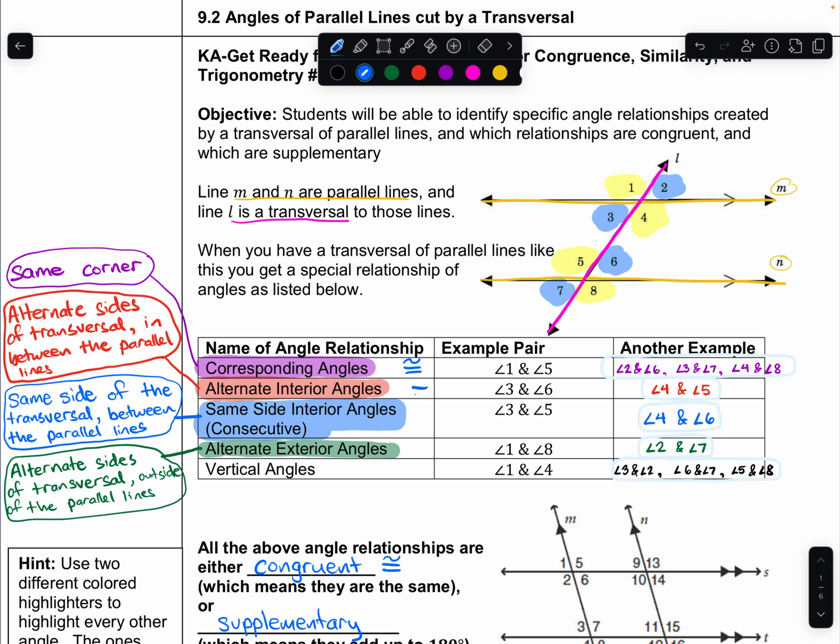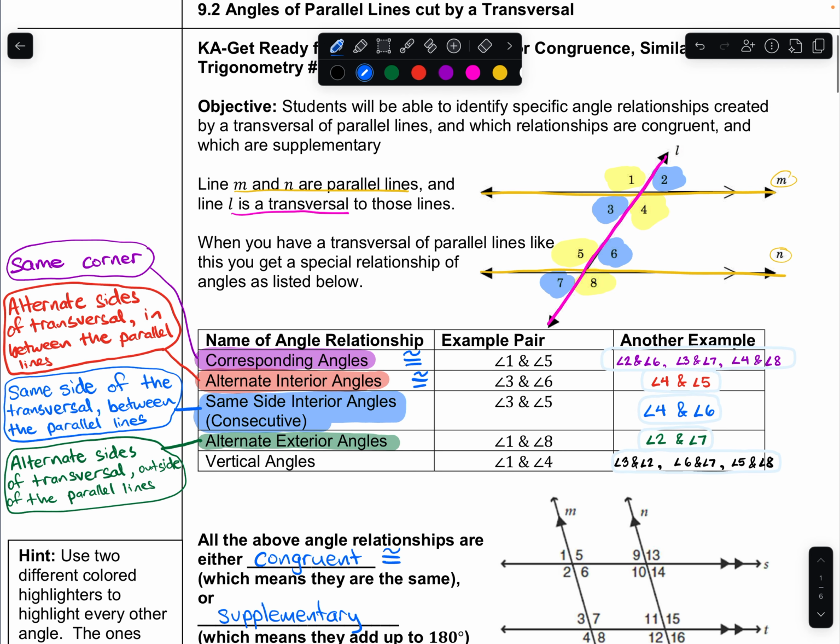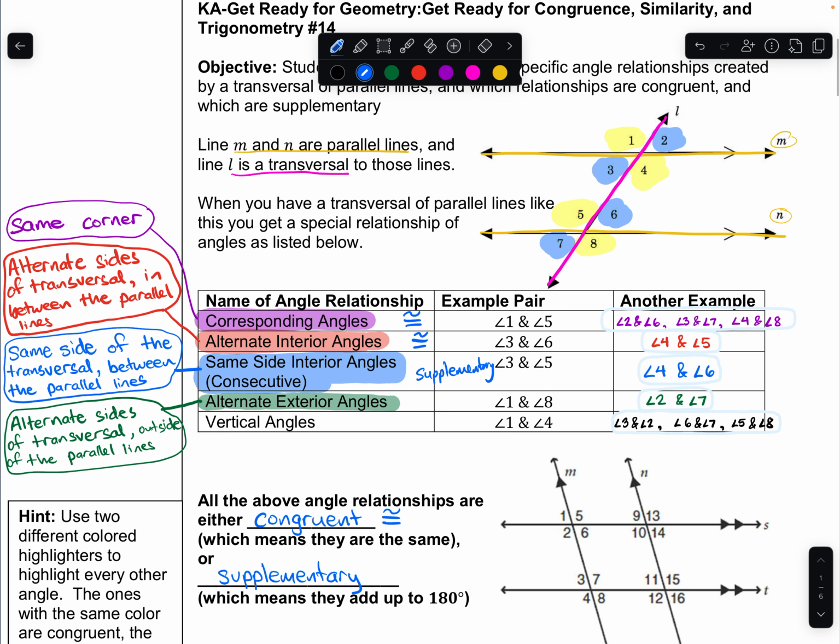How about same-side interior angles, consecutive angles? Well, 4 and 6 are same-side interior, or 3 and 5 are same-side interior. One's blue and one's yellow when I use my highlighter. Those are what we call supplementary. Their measures add up to 180 degrees. What about alternate exterior angles, like angle 1 and angle 8?